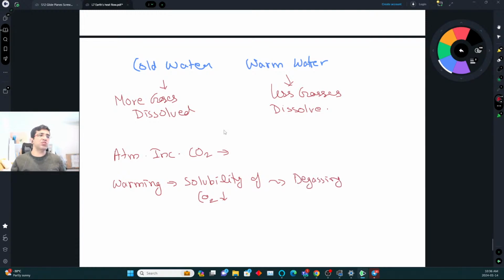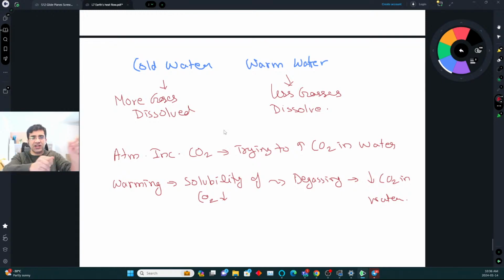That will decrease CO2 concentration in water. So increasing atmospheric CO2 is trying to increase CO2 in water, but warm temperature is trying to decrease CO2 in water. So some of it will be offset, a kind of negative feedback for CO2 present in water. Ocean acidification again is more like a news material kind of topic.